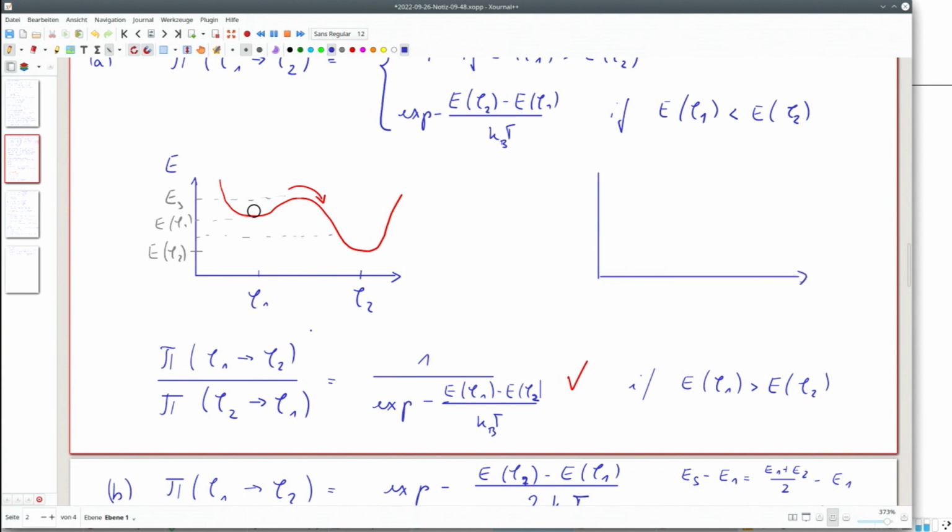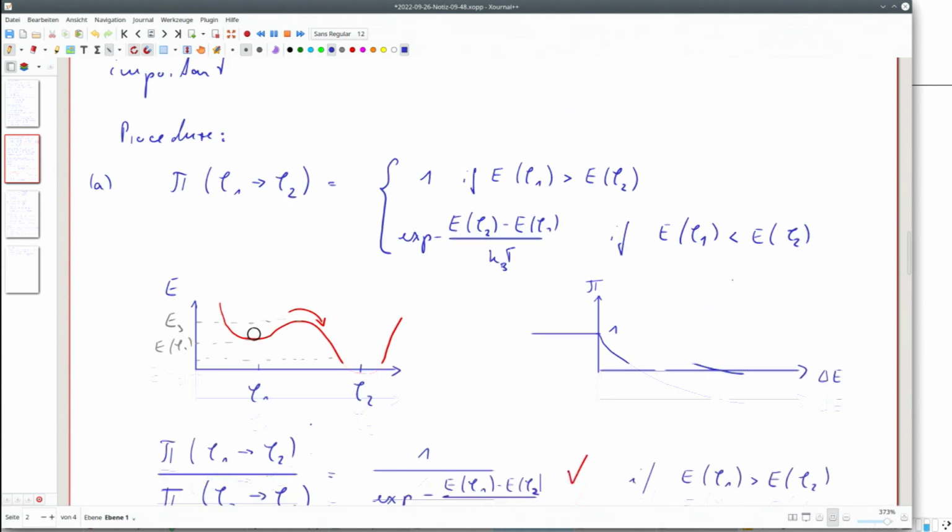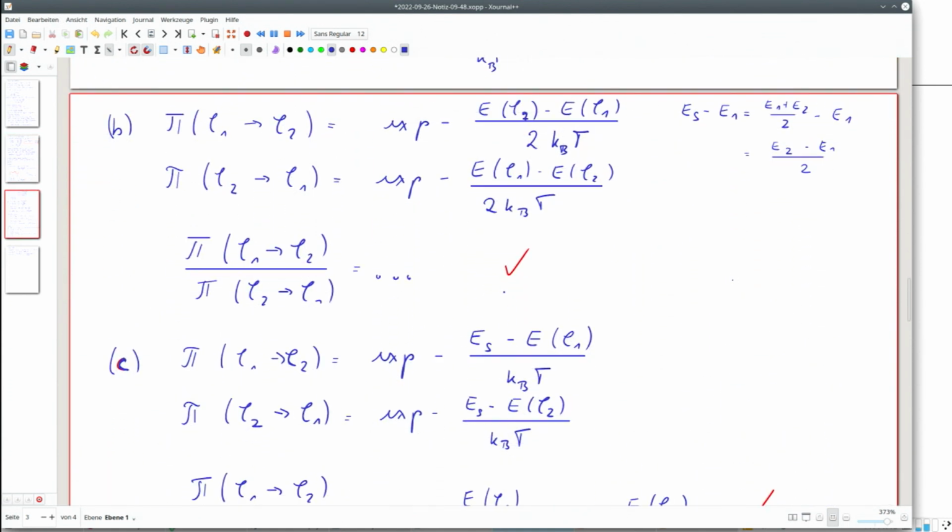It looks like this. That's this first algorithm here. And the second is supposed to be something like this.